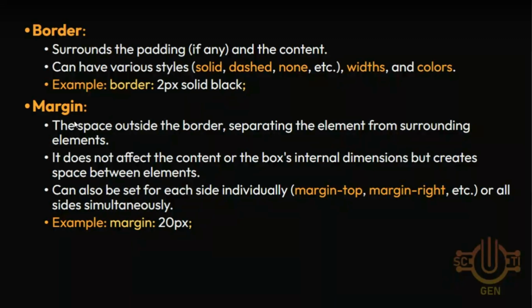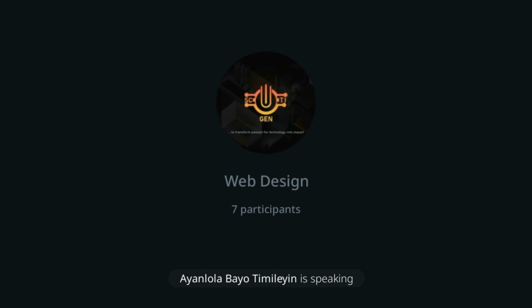Then we have margin, which is the last one. Margin is the space outside the border, separating the element from surrounding elements. It does not affect the content or the box's internal dimensions, but creates space between elements. You can consider margin as the space outside of the element, and padding as the space inside.